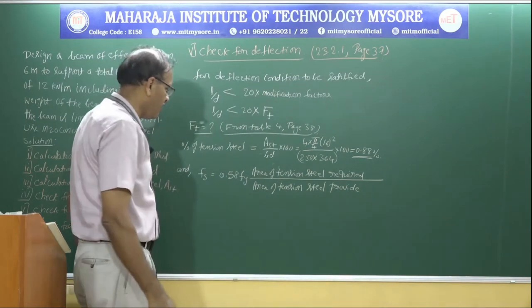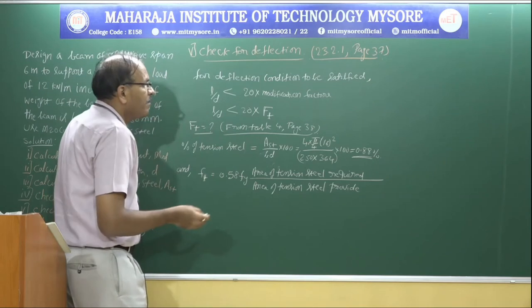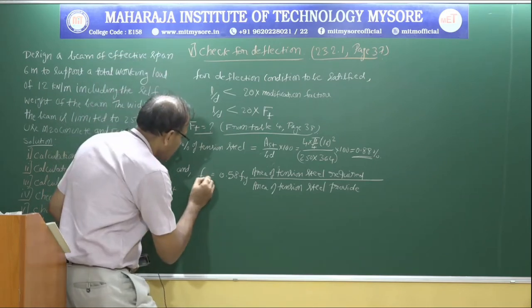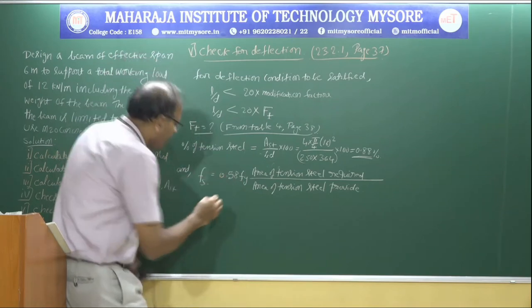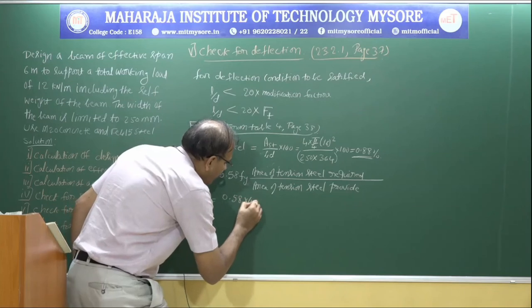Okay, this is the formula. So this is not Ft, sorry, this is Fs. So that is equal to 0.58 into 415.